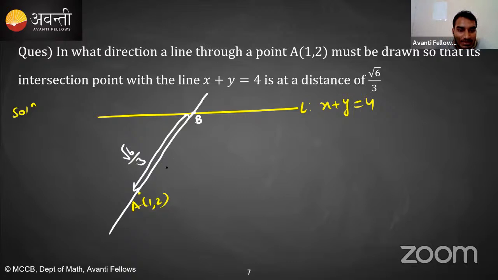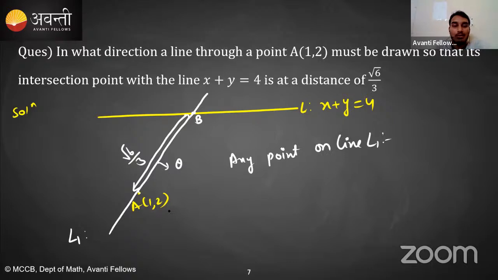So let's say this line has an inclination theta. Let's call this line the required line L1. So tell me very quickly, any point on line L1 can be written as point plus r cos theta, point plus r sin theta.